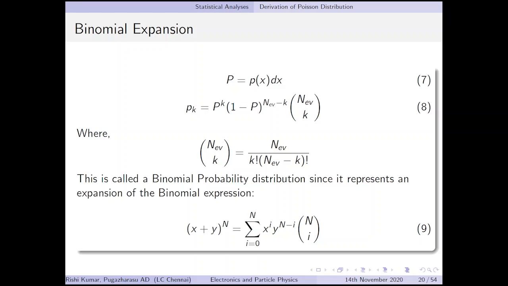This is called the binomial probability distribution, since it represents an expansion of the binomial expression (x plus y) to the power n equals the summation of x to the i, y to the n minus i. I'm not going to explain too much of this because that is not the focus here, and we have already studied binomial expansion in our first and second year courses.